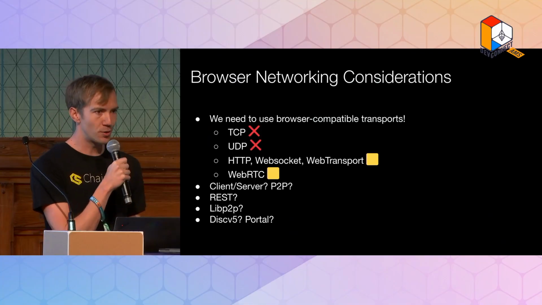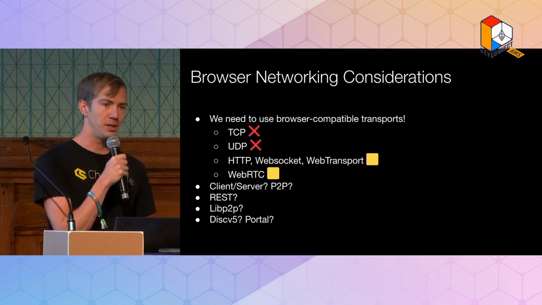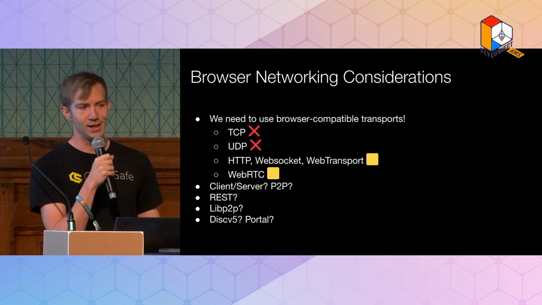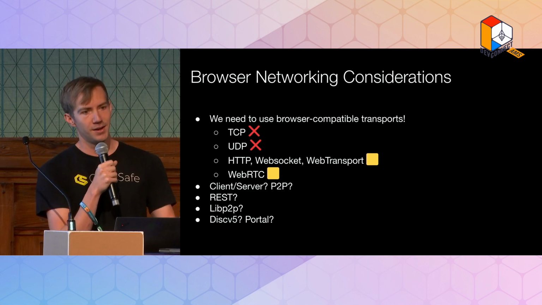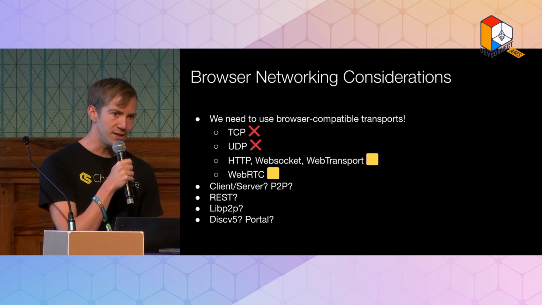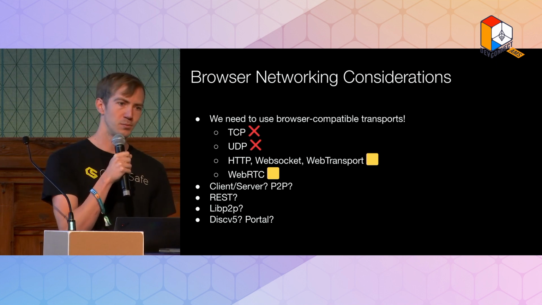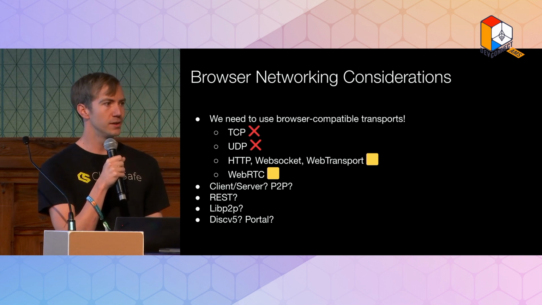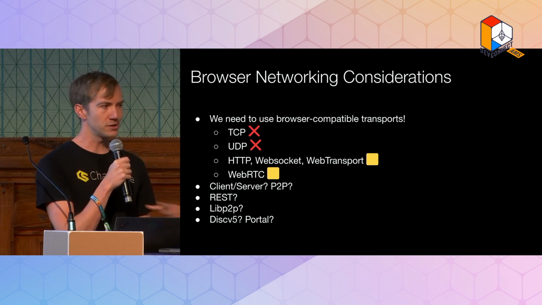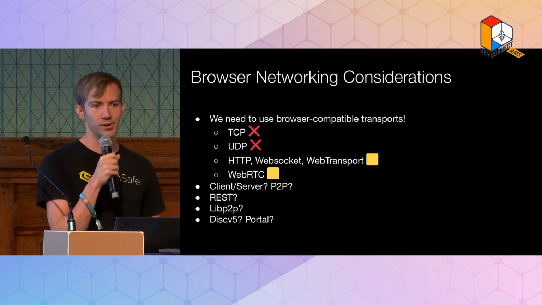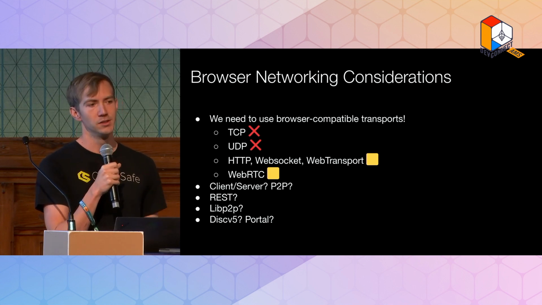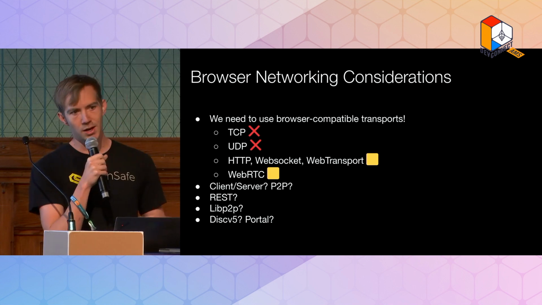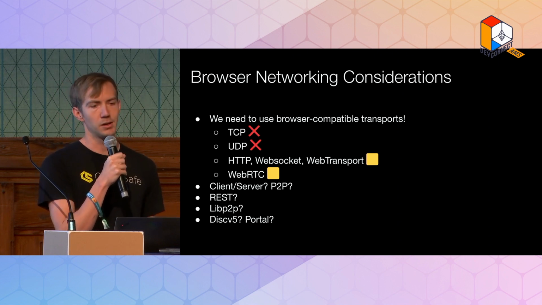And then DiscV5 and Portal, it's a UDP protocol. We are limited there, but the Ultralight team has been working on a really thin proxy, and passing things through a proxy opens up the world of Portal and DiscV5. So there are challenges, but we're working on things and making incremental progress.